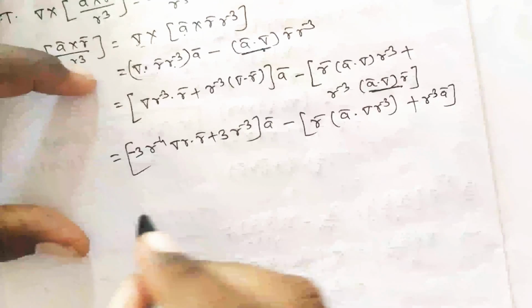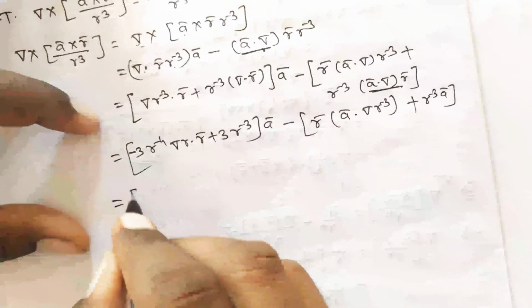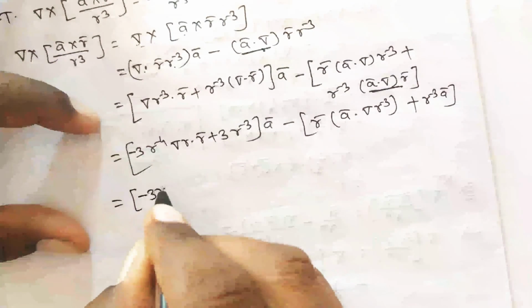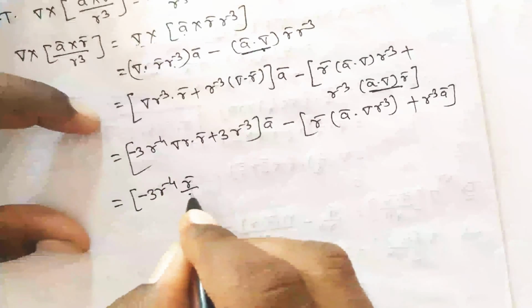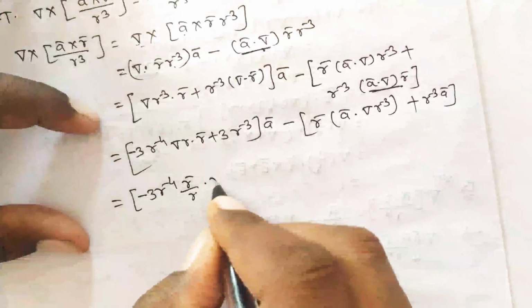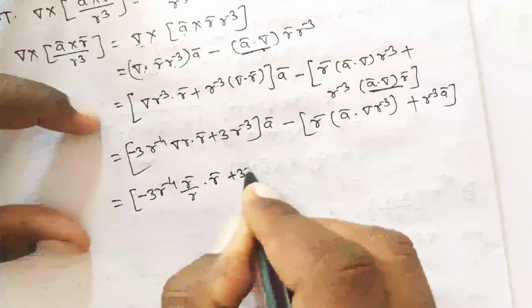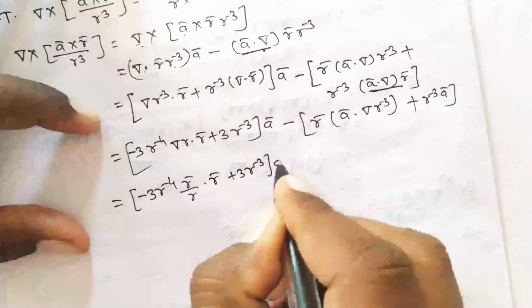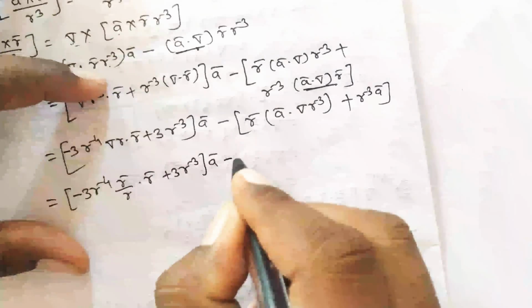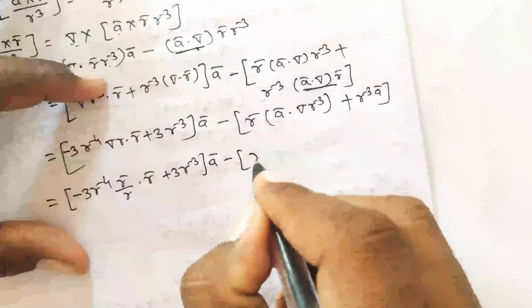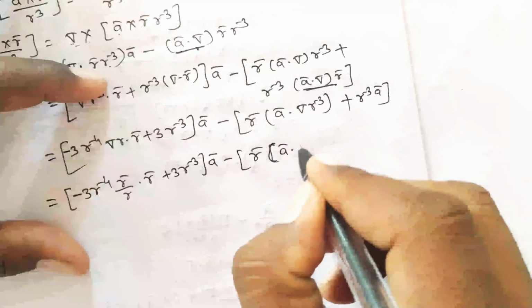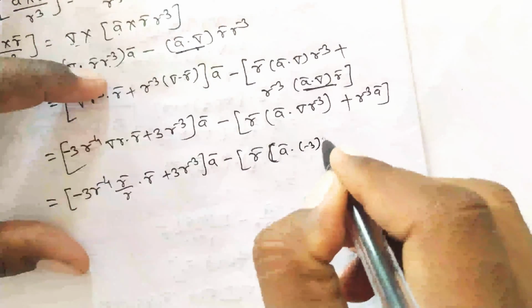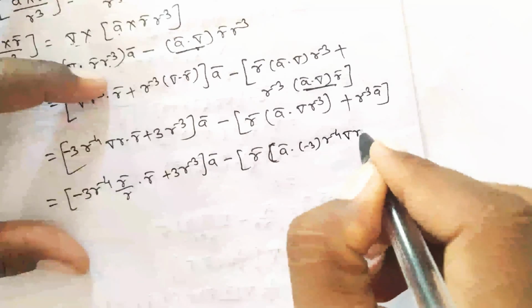So this is equal to: in the first bracket, minus 3 r to the power minus 4 into del r, which is r bar upon r, dot r bar, plus 3 r raised to minus 3 into a bar, minus, what is this? This is r bar into the bracket a bar dot del of r raised to minus 3, which is minus 3 r raised to minus 4 into del r.